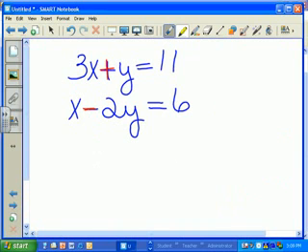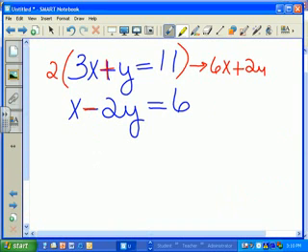So when I add positive 2y and negative 2y together, my y's cancel. So I'm going to multiply the top equation by 2. And in elimination, every term of that equation has to be multiplied by 2. 6x plus 2y equals 22.